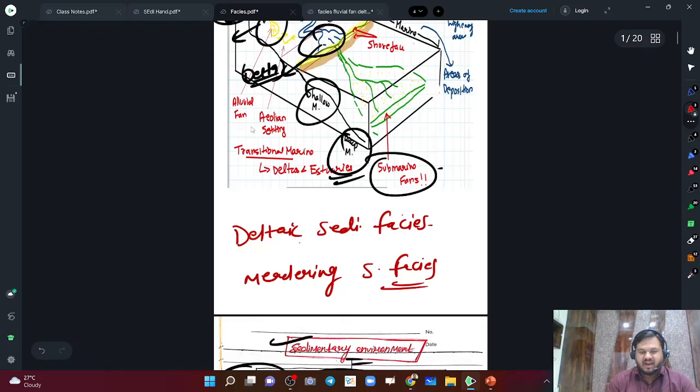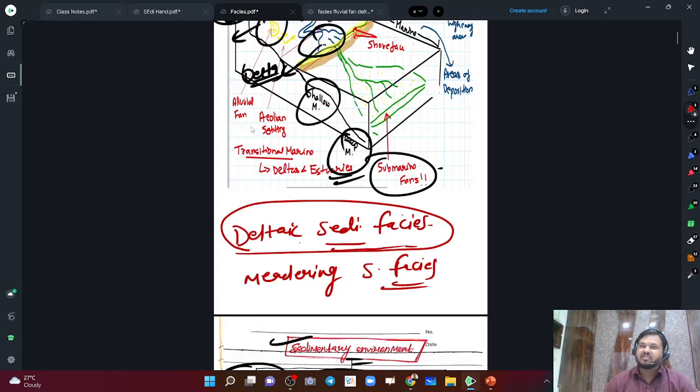What this means is that they want to know what kind of rocks, or what are the features or the properties of rocks, which are deposited in this deltaic setting, deltaic depositional environment, right? What are the properties, what are the features of the rocks or the sediment deposited in meandering channels, right? This is what it means.